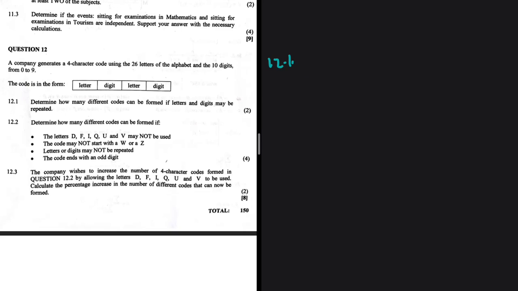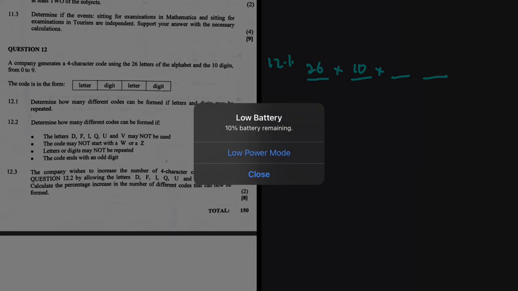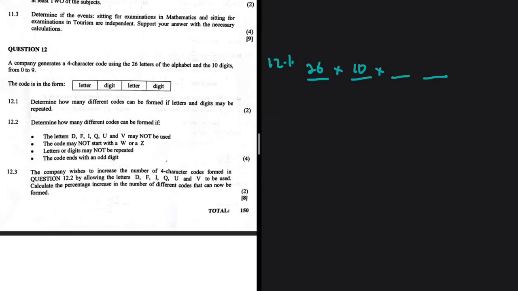So we have letter, digit, letter, digit. How many letters do we have? We have 26, right? And then how many digits do we have? We have 10. But repetition is allowed, right? So when we fill the third spot with a letter, we still have 26 options.